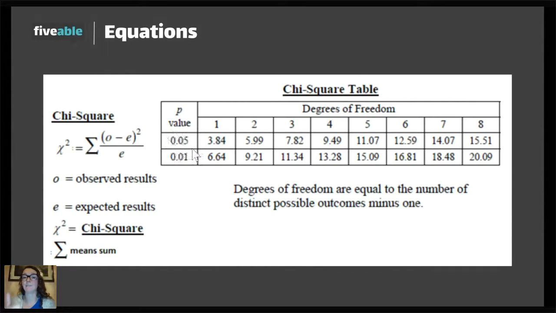AKA, we are 95% sure that your results are statistically significant. If you use this row, we are 99% sure that your results are statistically significant. There's only a 1% chance that we are wrong. But we are okay with an A. We don't need an A+. 95% is good enough. So unless otherwise specified, you can use this row.